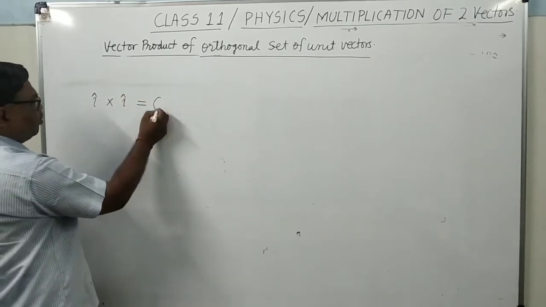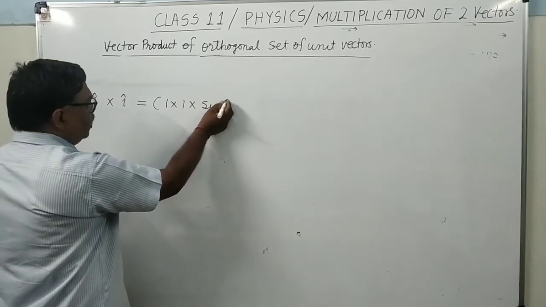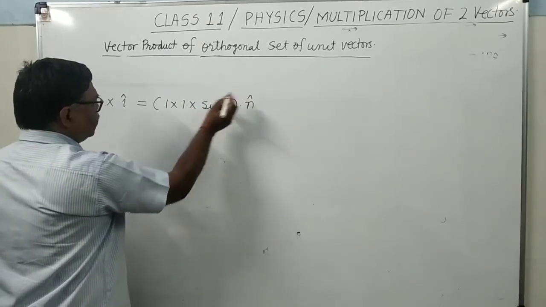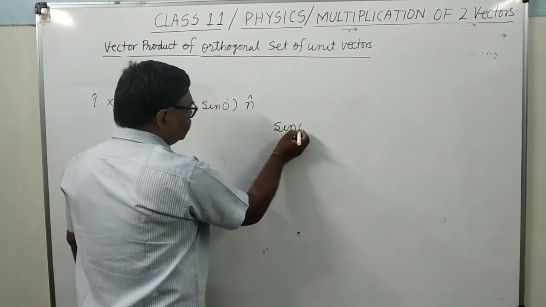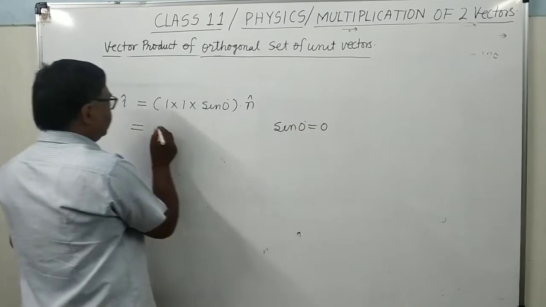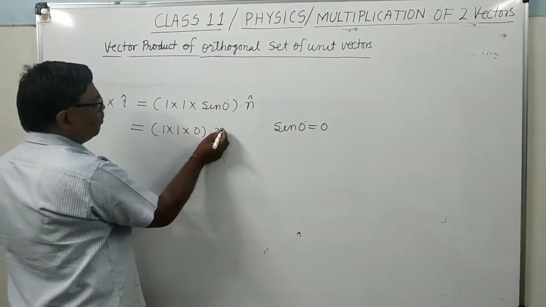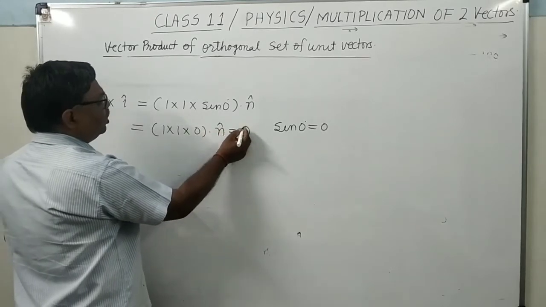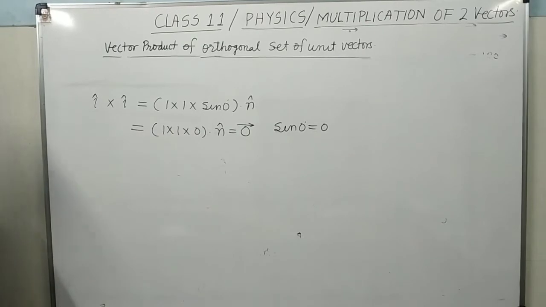Why will it be 0? Because it is 1 into 1 into sine 0 degrees into unit vector n, and sine 0 degrees equals 0. Therefore it becomes a 0 vector.